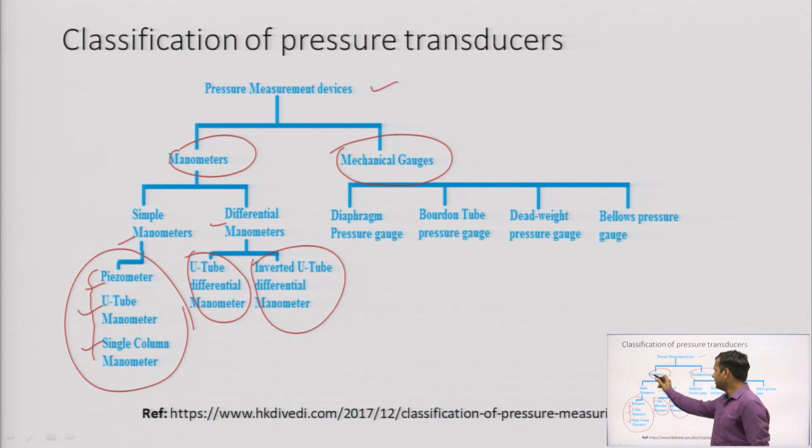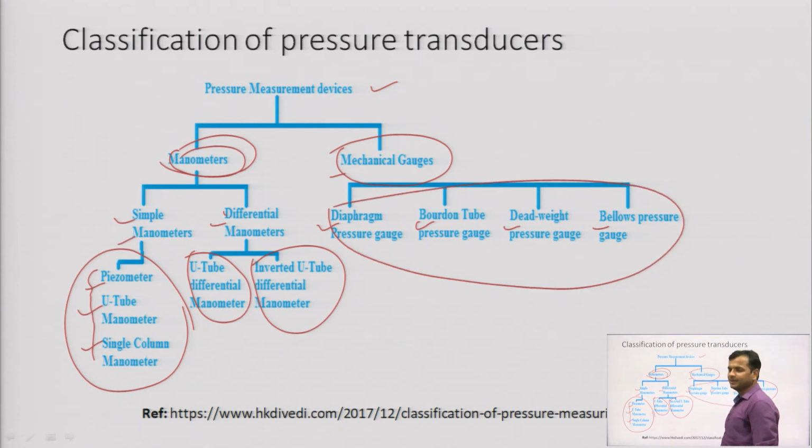So, the manometer is one of the pressure measurement devices that we generally classify into two forms, simple manometer and differential manometer. Now, the second classification is mechanical gauges. Mechanical gauges are generally classified into 4 parts: diaphragm pressure gauge, Bourdon tube pressure gauge, dead weight pressure gauge and bellows pressure gauge. These are generally elastic pressure transducers, and also mechanical type transducers, because there is no electrical work included in them.